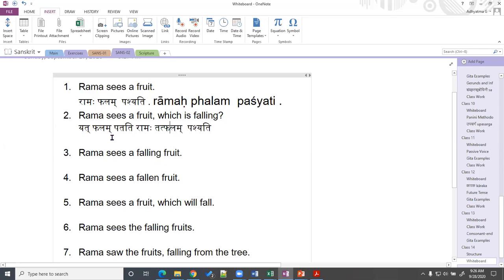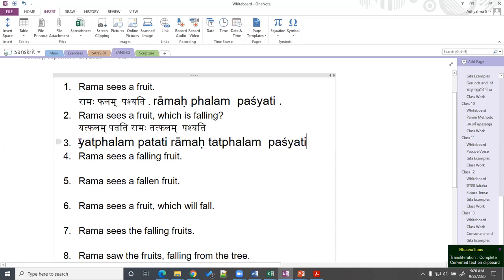Tat phalam. Here also we can say yat phalam. Yat phalam patati, Ramaha tat phalam pashyati. So the fruit which is falling, Rama sees that fruit.